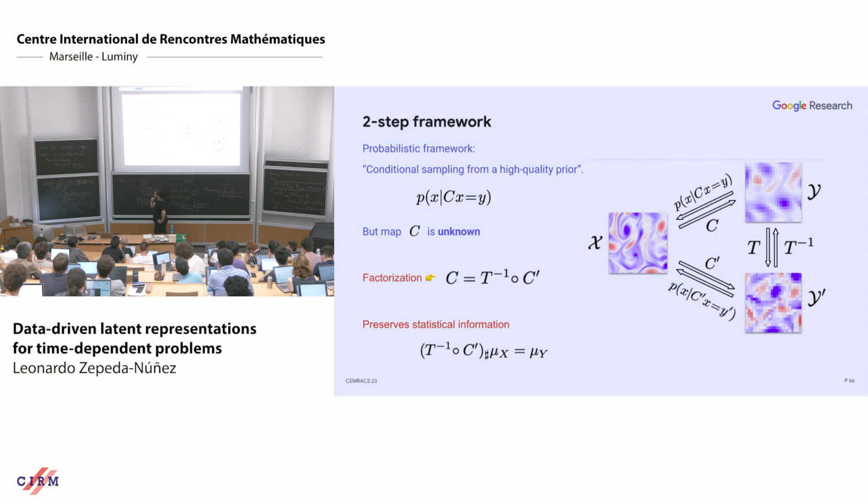And the second problem is how you formulate this in a way that you can leverage sampling. As you can see, Y has a very low resolution. So there may be many X that, after you apply C, give you the same low resolution. Basically, there are many possible configurations that, if you take the average, give you the same average.